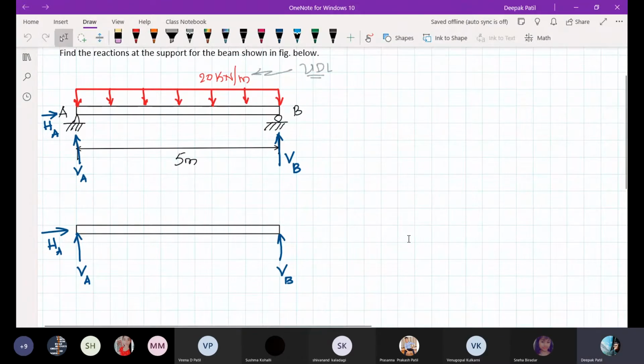So I was telling that we need to convert this uniformly distributed load to an equivalent point load. I will repeat that once again. I'm drawing a beam line, and let this be the loading on the beam, a uniformly distributed load. Now you have to once again draw the beam line.